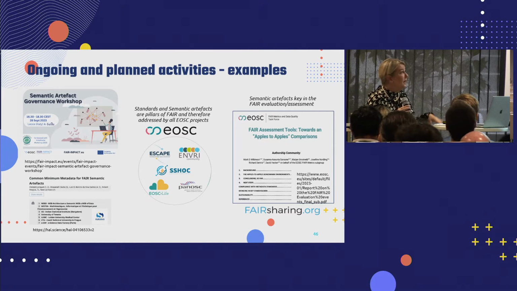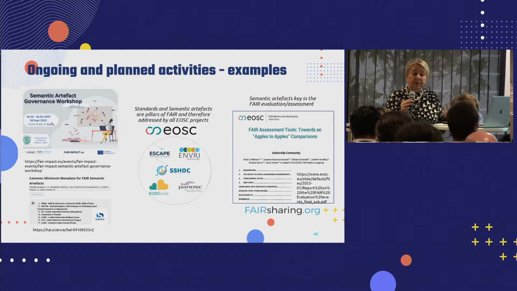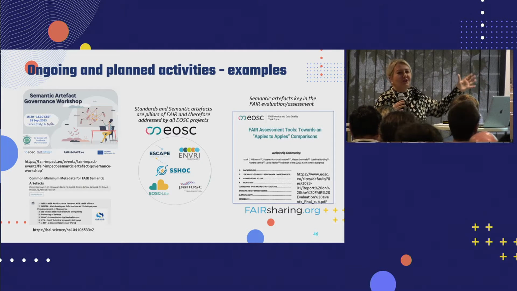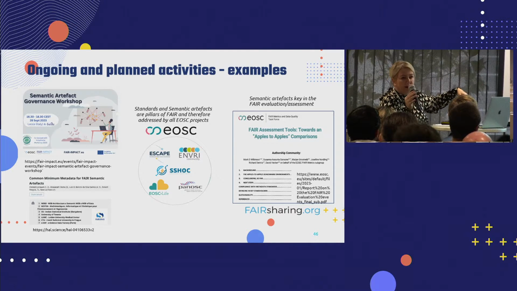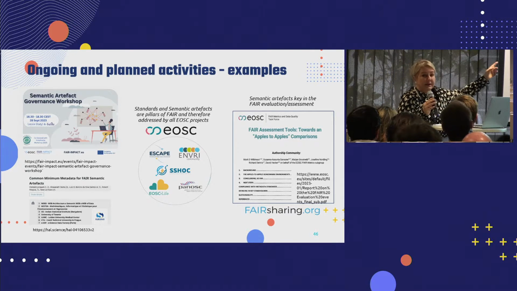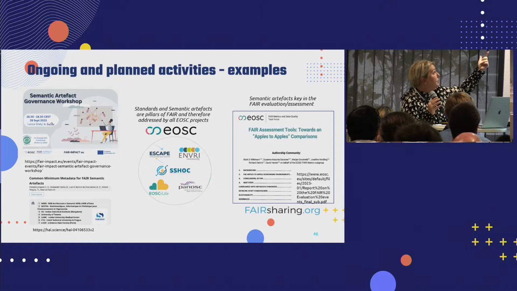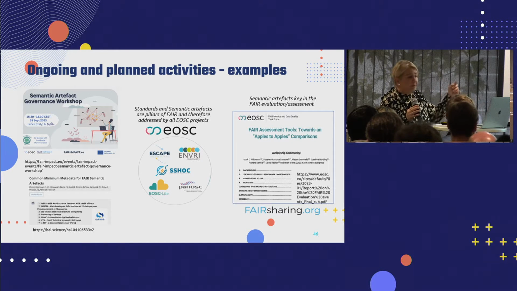And the last slide is to show a lot of activity which is already happening in EOSC, and this is not a comprehensive list, it's actually not even a list, just examples. For example, in the EOSC impact, and thank you, Clement, for flagging these, there will be a workshop on the governance of these artifacts next week.